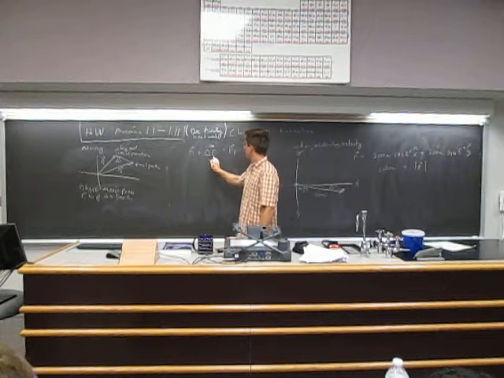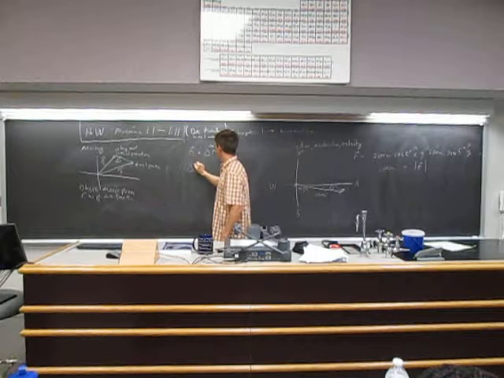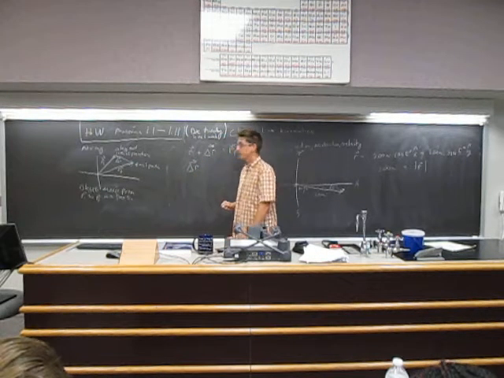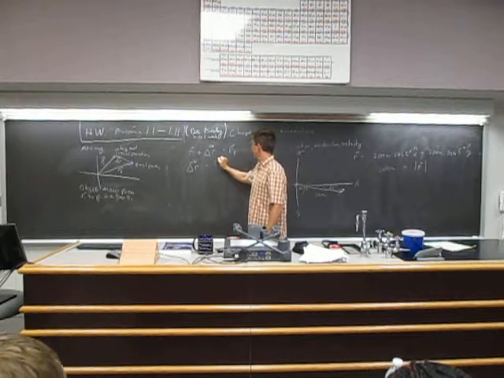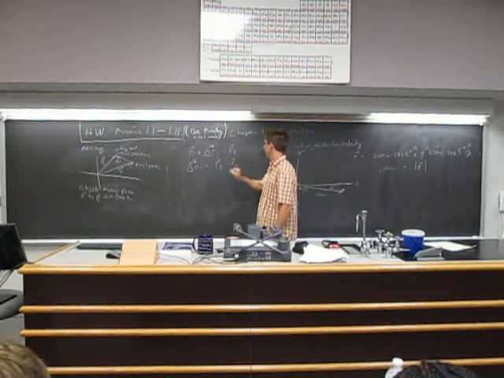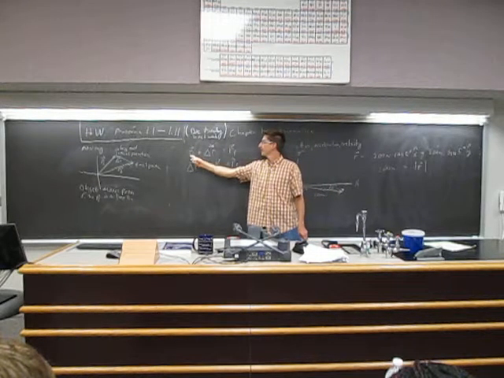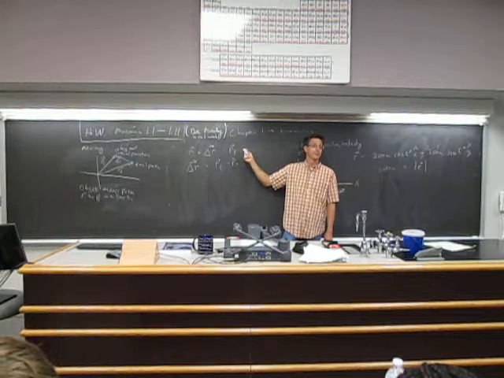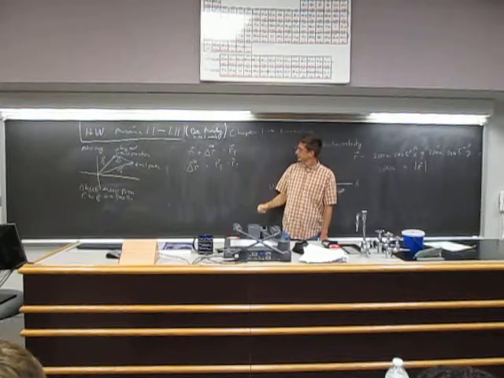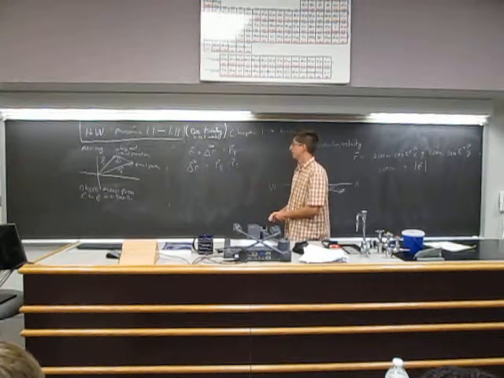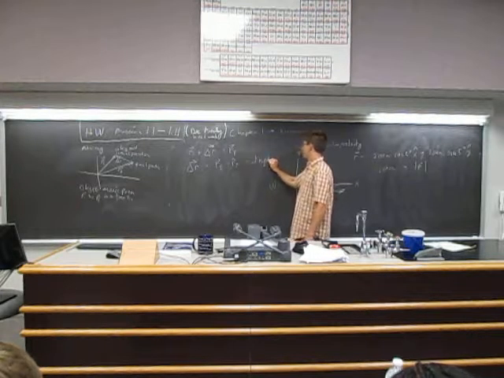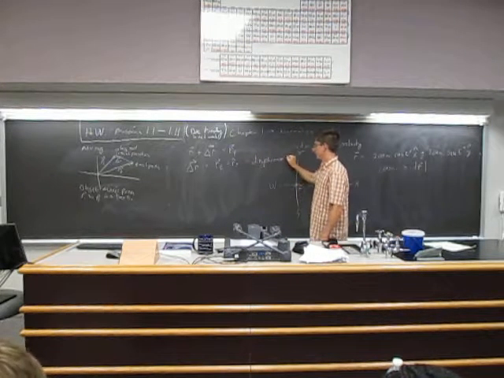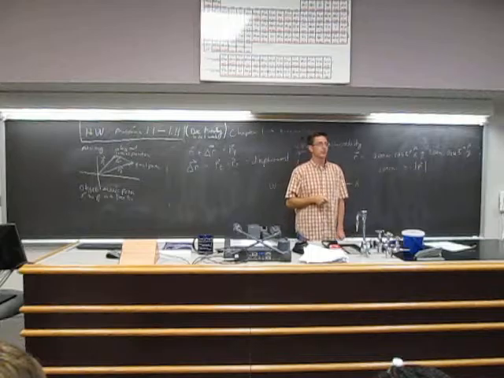Or this displacement vector delta R, or change in R, could be written as the final position minus the initial position, where I just bring this vector over to this side. Okay, this is called displacement, or how much an object moves.